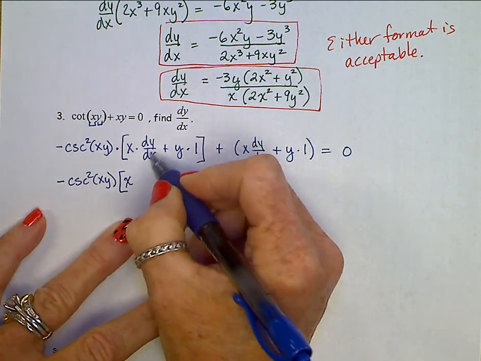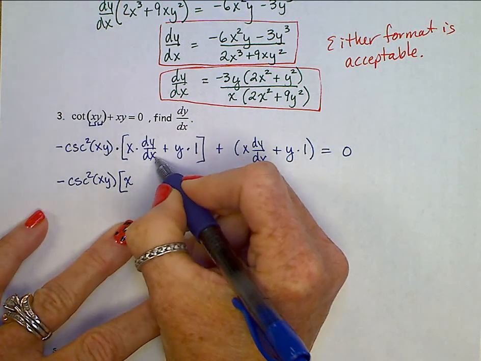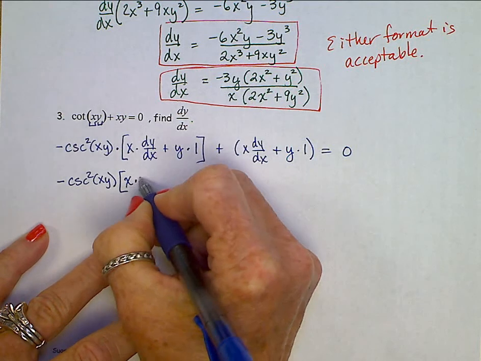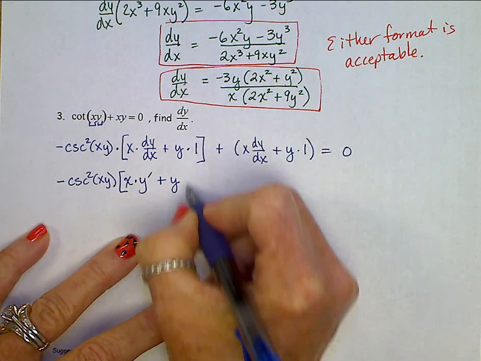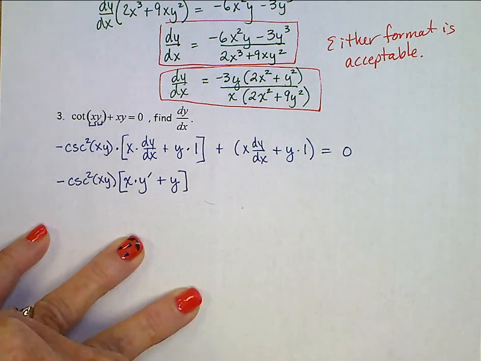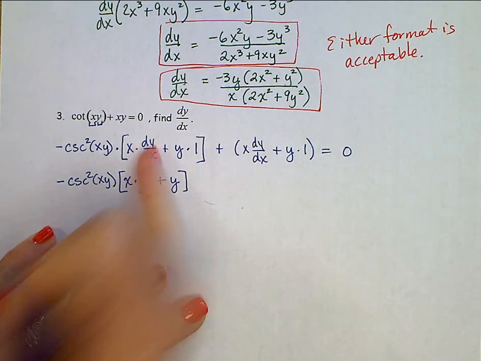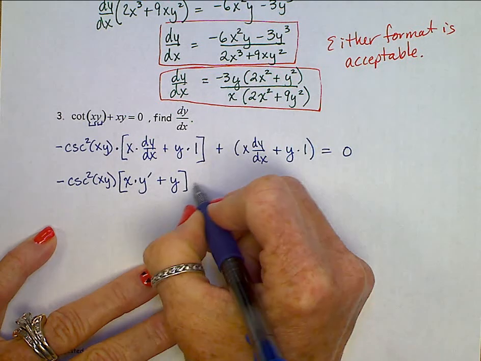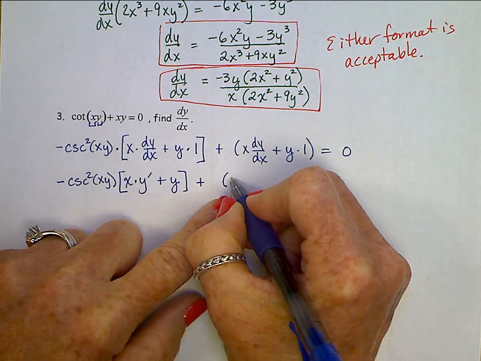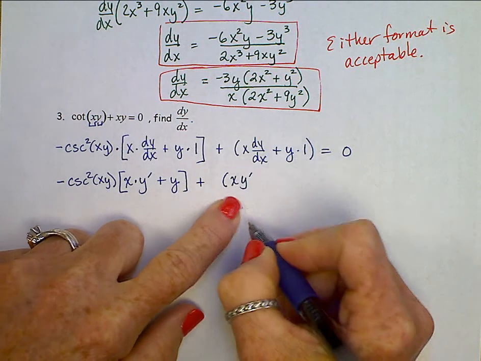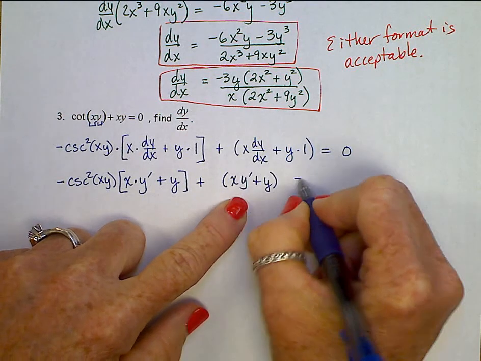Instead of writing this dy/dx kind of as a fraction, if you will, you can write it as y prime plus y. If you like that, use it. If you don't, leave it as dy/dx, plus, and then this piece over here, this is x times y prime plus y equals 0.